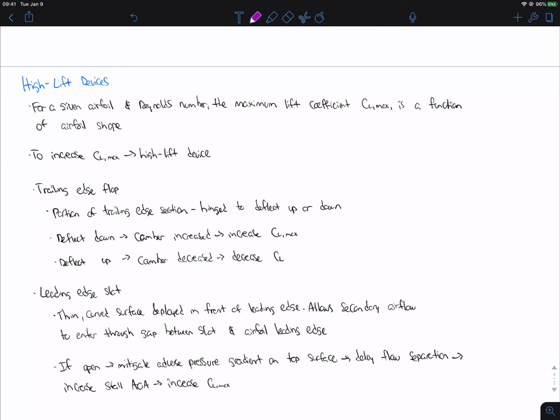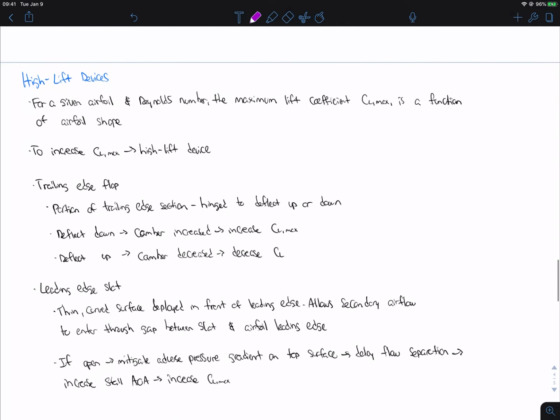So if I deflect it down, I'm going to increase the camber of the airfoil, and then I'm going to effectively increase the theoretical coefficient of lift. Then if I deflect it up, I'm going to decrease the camber, so I'm going to decrease the theoretical lift that we have.